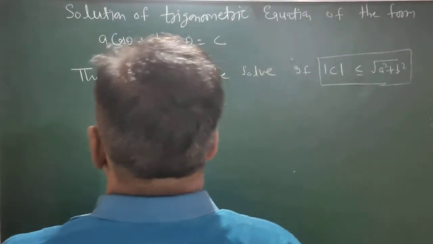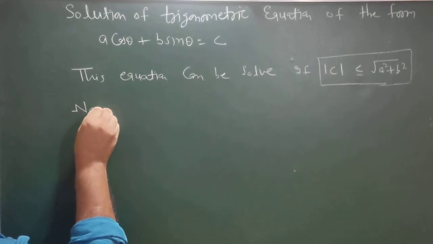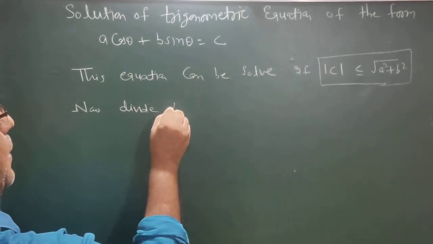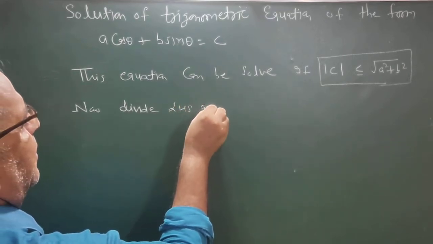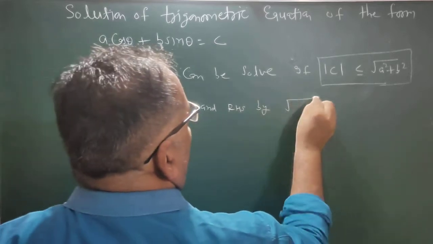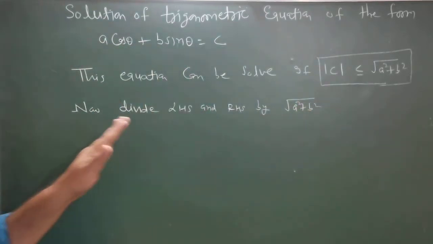Now the process of the solution. Divide left hand side and right hand side by square root of A square plus B square. That is the first step of the solution.